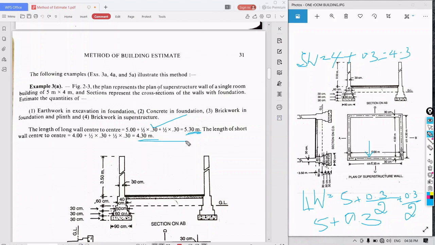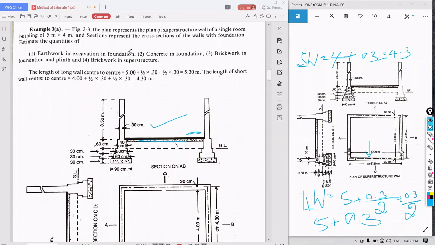So 5.3 and 4.3 are the center line lengths, center to center, of the long wall and the short wall. After this, we will see what we need to do.